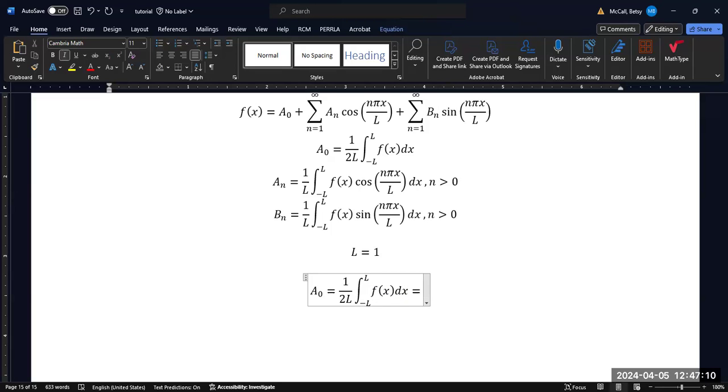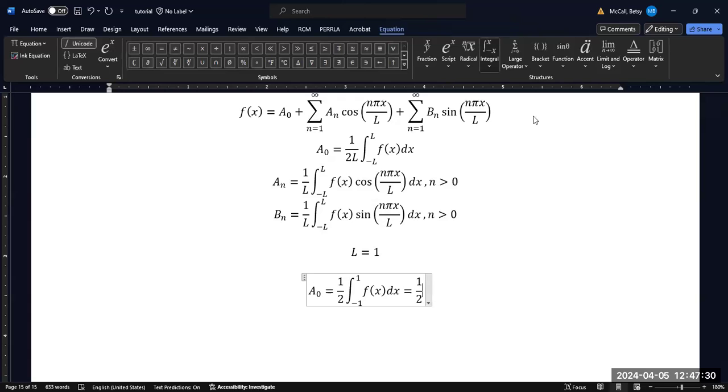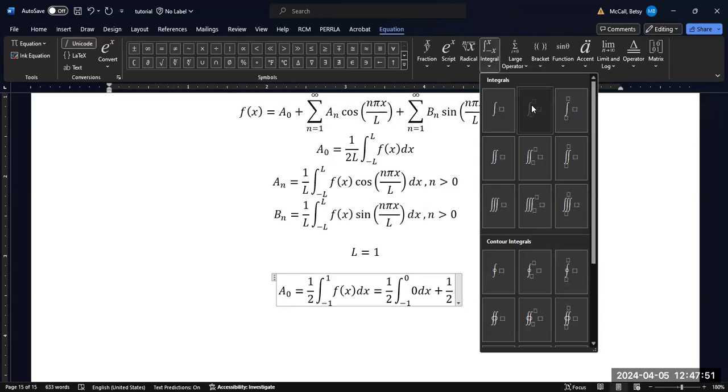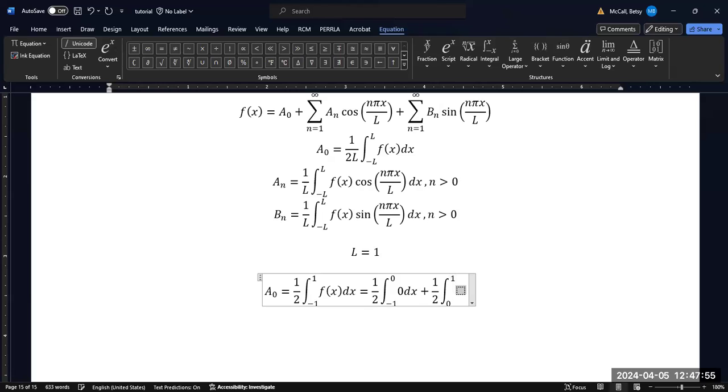So that's going to mean that if L is 1, for f of x, then we're going to end up with 1/2 the integral from negative 1 to 0 of 0 dx, because that is the first piece, and then also integrate from 0 to 1 the value of our second piece, which is x.